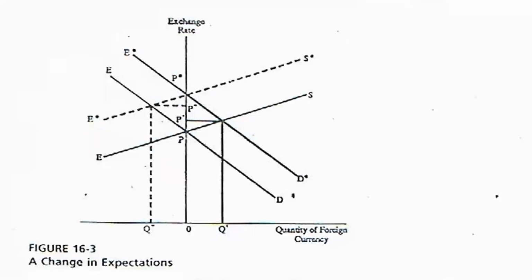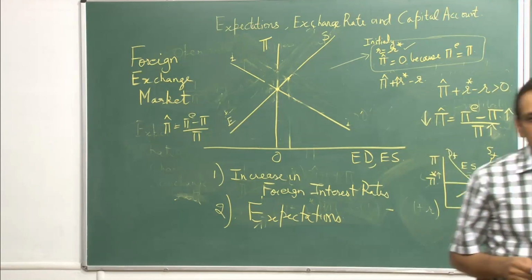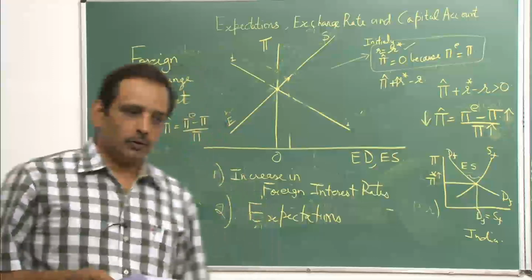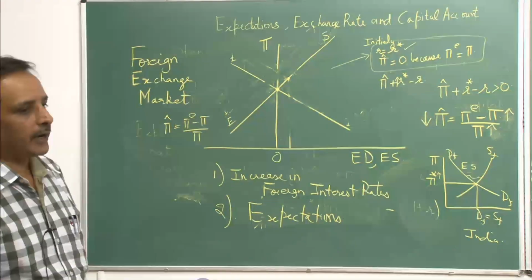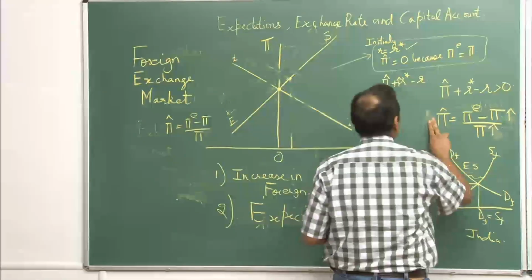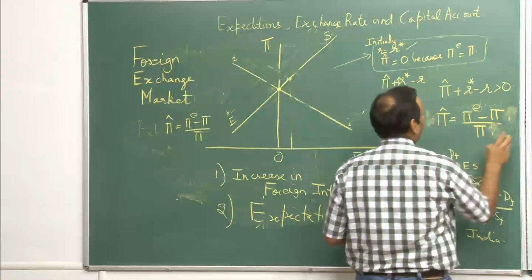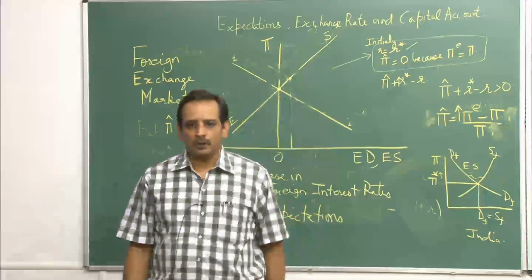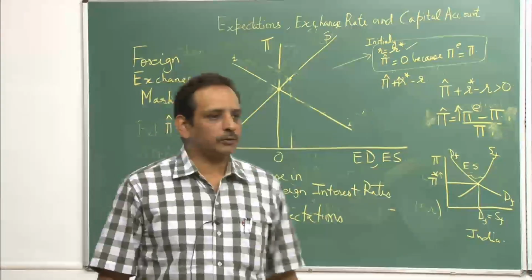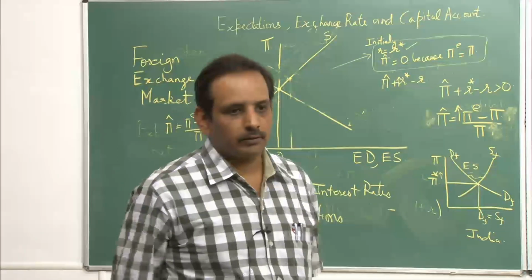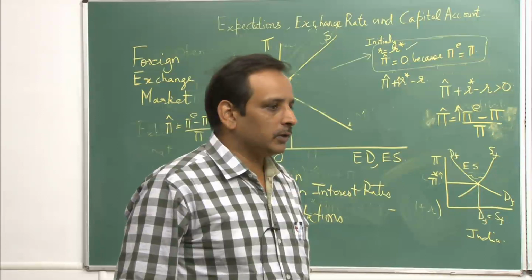Now, see what happens. You are expecting that in future the imports will go up. Okay. So, you are expecting this pi e to go up, maybe because you expect that there is global recession all over.